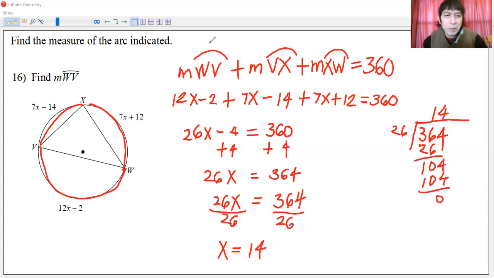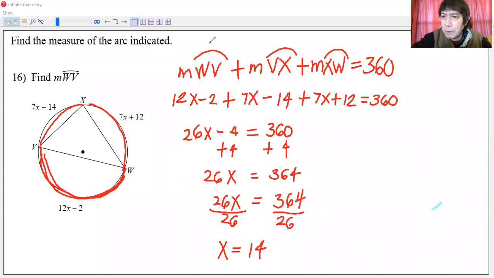We do not stop with x equals 14. We're after the measure of the arc WV. WV is 12x minus 2, this arc here. We shall remove our division here and use it for our solution.